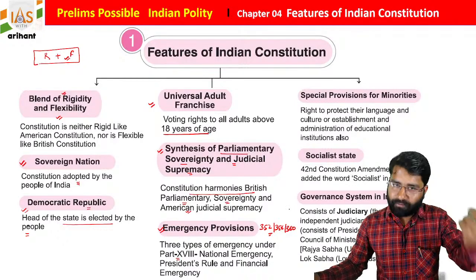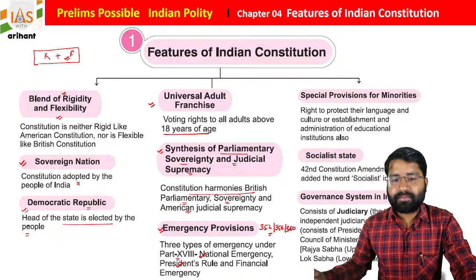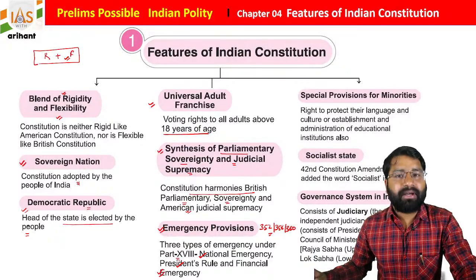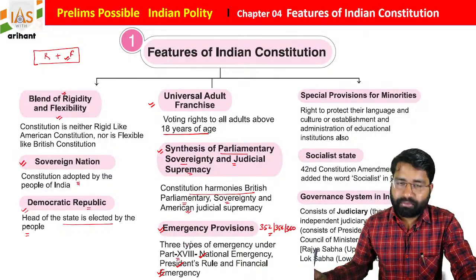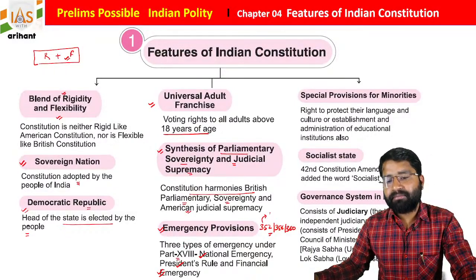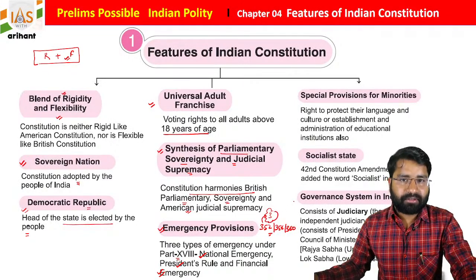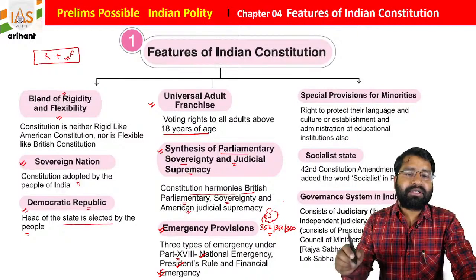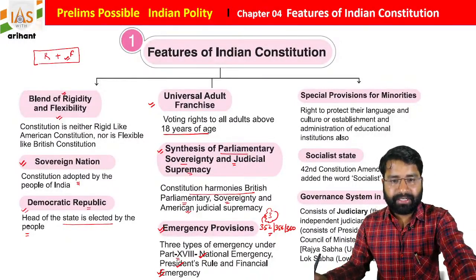We have three types of emergency: national emergency, state emergency, which is called President's Rule, as well as financial emergency. Till now financial emergency has not been imposed in India, but national emergency has been imposed 3 times, and it is declared by the President of India when the Cabinet gives a letter to the President of India. Students, getting it?